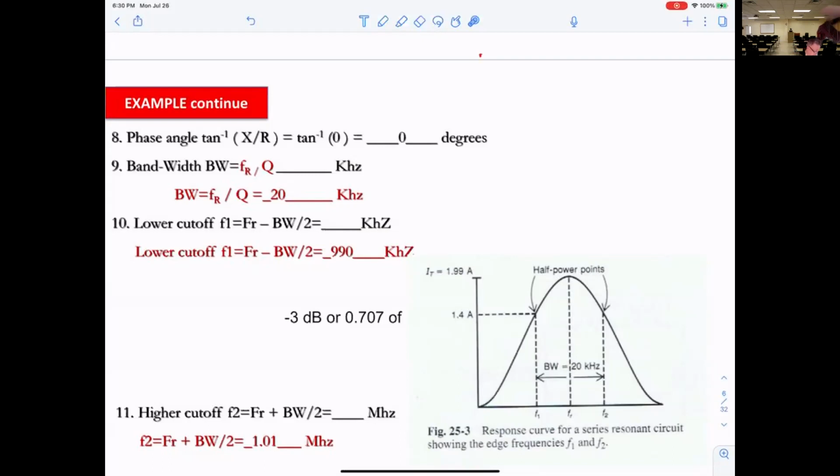Make sure you know how to calculate it and try to understand how you can get the answer. Like, if they ask about phase angle at the resonance, you get only resistor left, no inductor, no capacitor, so they will be in phase.